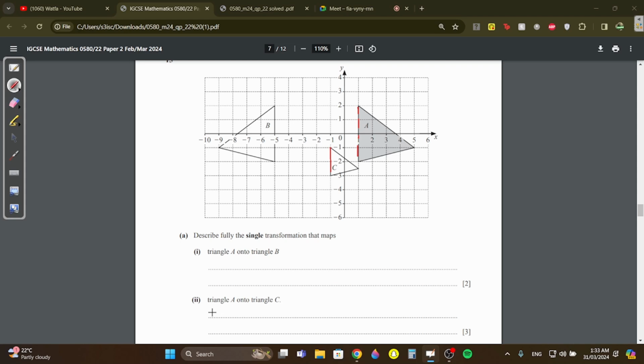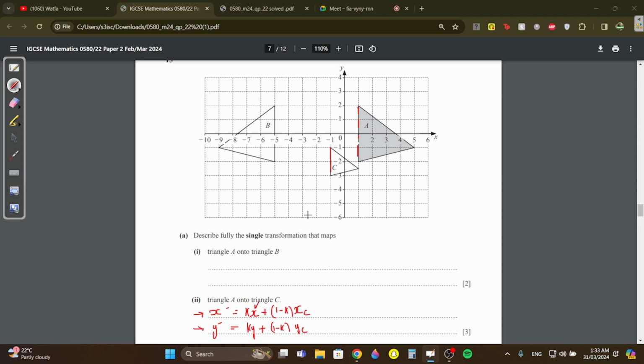Once you have your scale factor, you can apply the formula. The way I do it, you have a formula, x prime and y prime. X prime is equal to kx plus 1 minus k times x of your center, and y prime equals ky plus 1 minus k times y of the center. So let's take 2 points. You need your new point, the prime, and you need the old point.